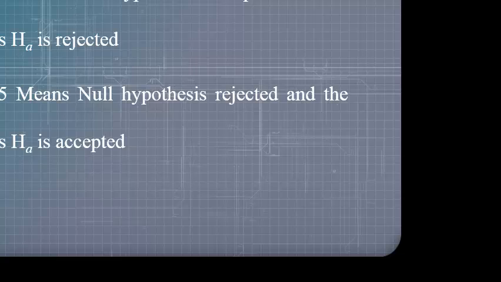On the other hand, if the significance is lower than 0.05, it means the null hypothesis is rejected and the alternative hypothesis is accepted. This is the rule, the criteria before we analyze our data in SPSS independent t-tests.